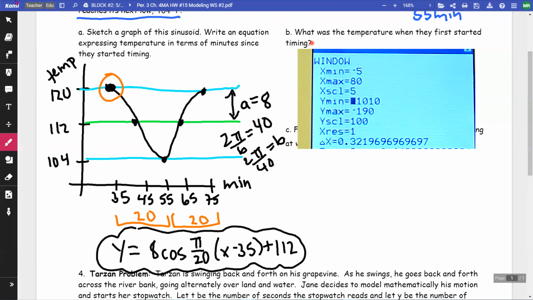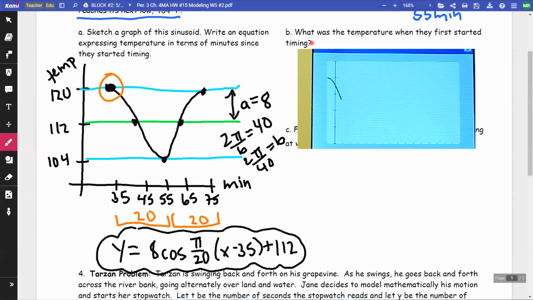And my low is going to be 104, so let's say 100 is my minimum. And my maximum, let's go to 125. I just want to go above where I need to be. We'll just keep everything in 5s. Okay, so I'm going to hit graph. And there's our graph.